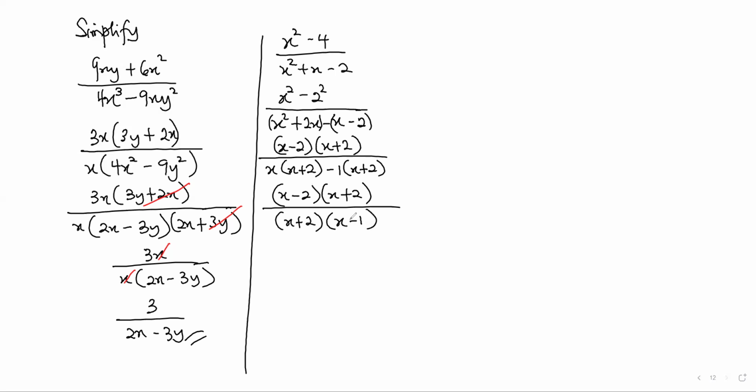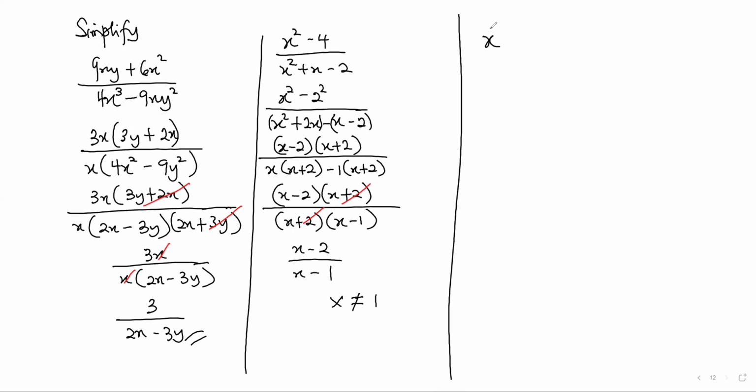So when you cancel x plus 2 with x plus 2, we'll be left with x minus 2 divided by x minus 1, where x should not be equal to positive 1. Let's take another question.